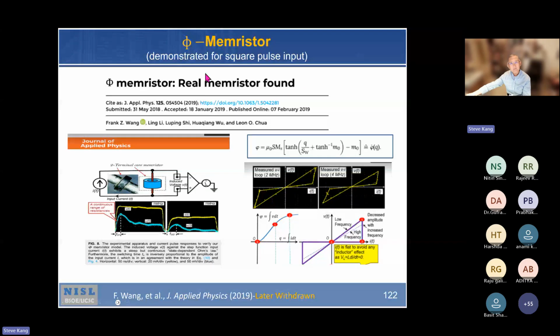So they had this paper, Journal of Applied Physics, in 2019, submitted May 2018, accepted January 2019, published February 2019, by Frank Wang, Ling Li, and then they also invited Leon Chua to be co-author.